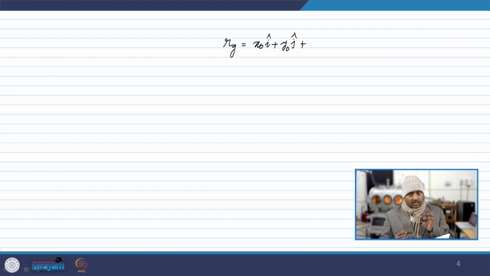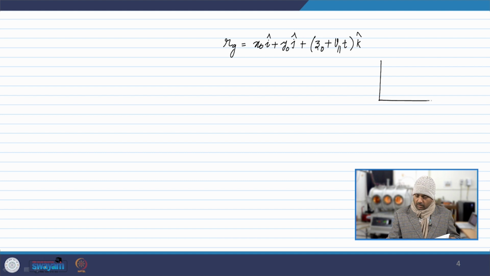So, x0 will remain as it is, the y coordinate will also remain a constant, but the particle is moving along the z direction. So, the guiding center's position on the z axis will change with respect to time. So, it will look something like this: z0 plus v parallel t times k cap. I hope you are able to understand this.